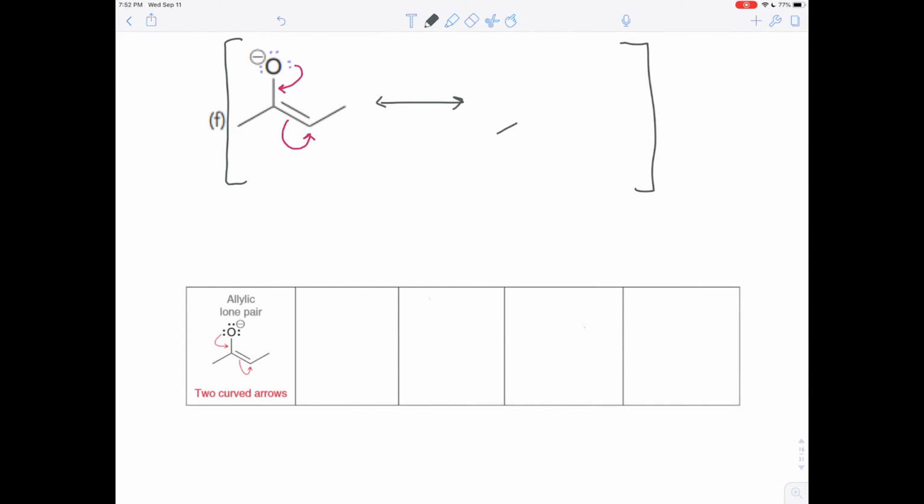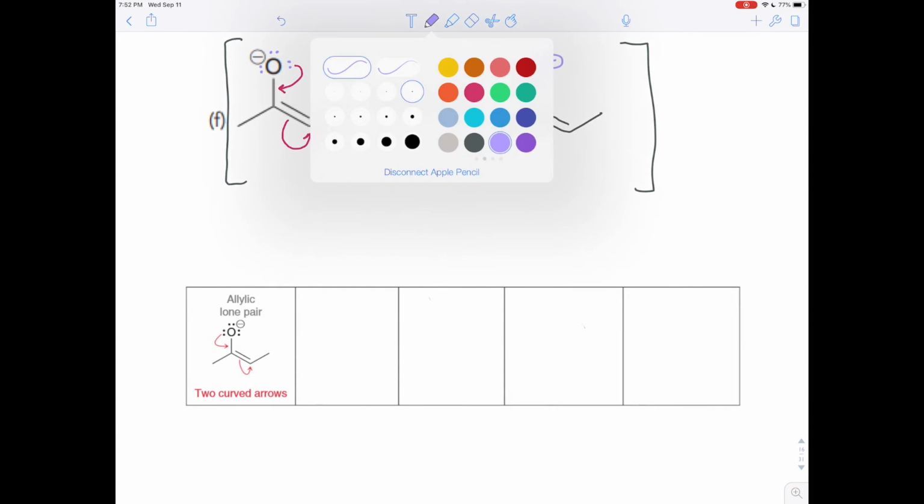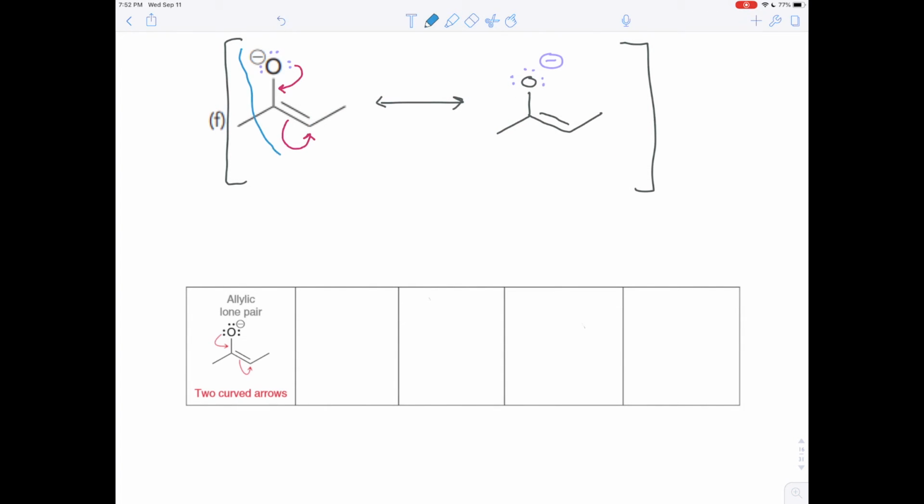So we'll redraw that molecule exactly as it is. And now let's notice that only these atoms here might have their formal charges change, because those are the only atoms that the electrons are moving around. So in order to calculate the formal charges for those later, we'll want to fill in any hydrogens that are not explicitly drawn.